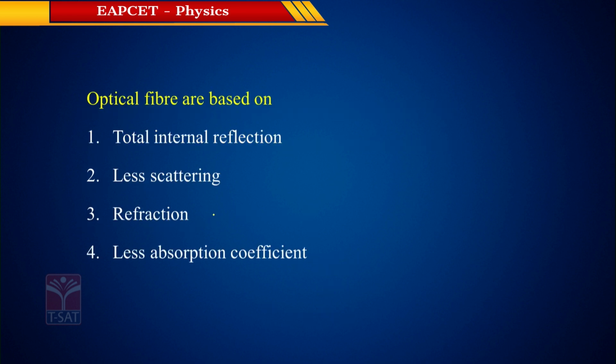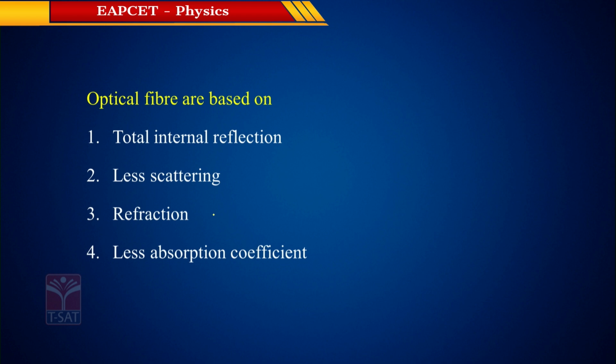Okay. Next, optical fibers are based on total internal reflection, less scattering, refraction, less absorption coefficient. You know that, children, optical fiber is based on total internal reflection, TIR. What is total internal reflection?